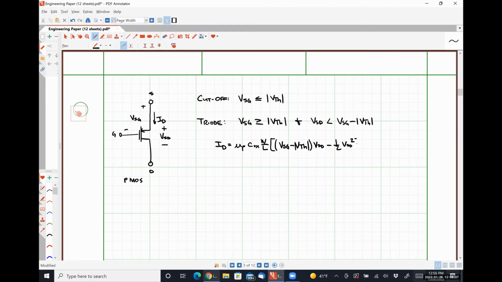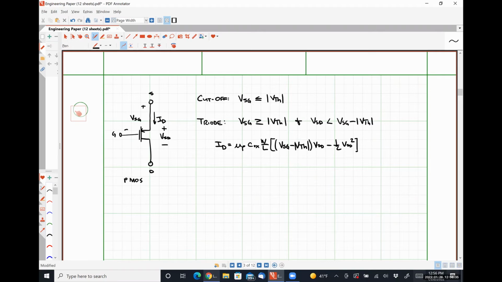VSD quantity squared. I just want to point something out here. Literally, the only difference that we have for triode for NMOS and triode for PMOS is that we have swapped the order of the subscripts on all of our voltages. We're using absolute value sign for our threshold voltage because for whatever asinine reason, it's given to us as a negative value instead of a positive value, which I can't really figure out.